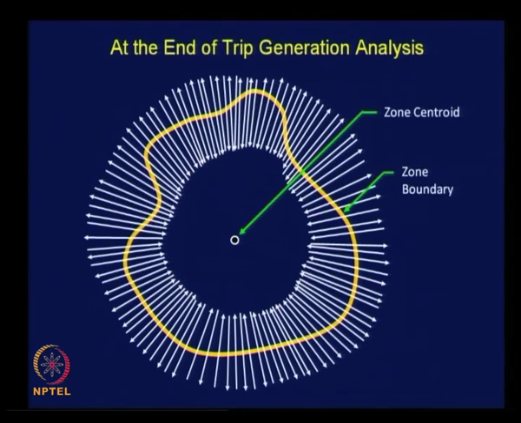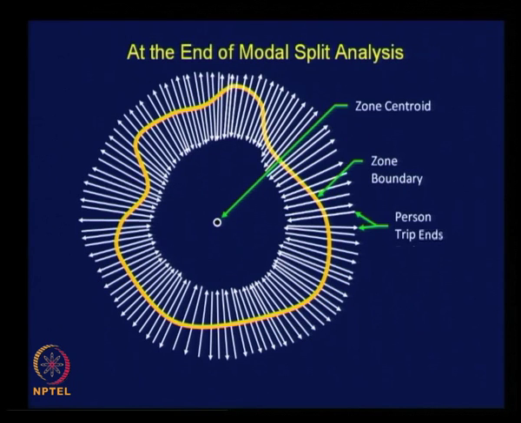This is the result that we get at the end of step 1, and at the end of step 2, namely mode choice analysis, the same trip ends were further analyzed to associate modes for each of the trip ends. That is what we did in the mode choice analysis phase.